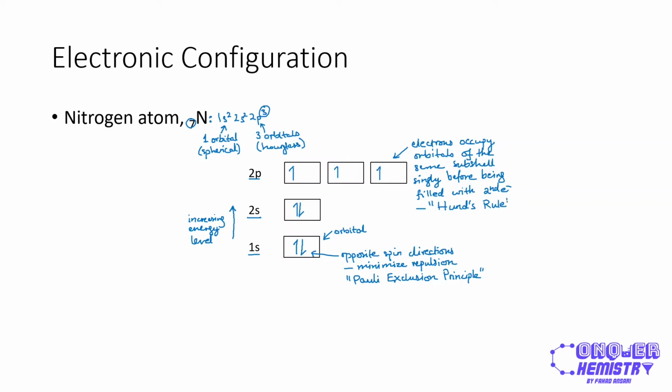According to Hund's rule, we have placed electrons one in each of these three orbitals. So the electrons are occupying these three orbitals singly before they get to be filled with their second electrons. So this is the nitrogen atom.